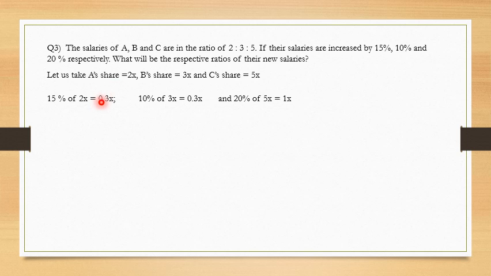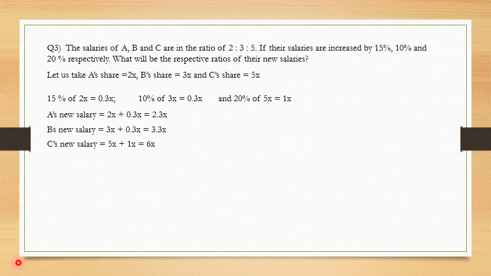Therefore A's new salary will become 2x plus 0.3x, B's new salary will become 3x plus 0.3x, and C's new salary will become 5x plus 1x. So these are the new salaries. The ratio comes out to be 2 is to 3, 2.3, 3.3 and 6.